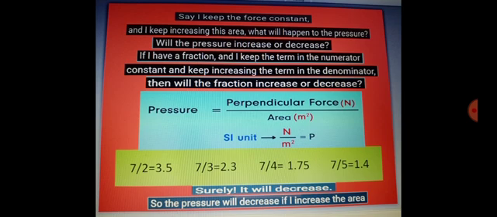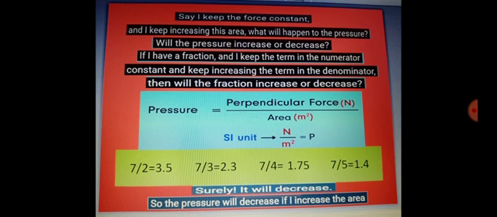Let us see. So we said pressure is equal to force divided by area. So if we keep the force constant and if we increase the area, will the pressure increase or decrease? That is our question. See, here we can see we are keeping the force constant, that is force as 7 Newton, and we keep increasing the area.